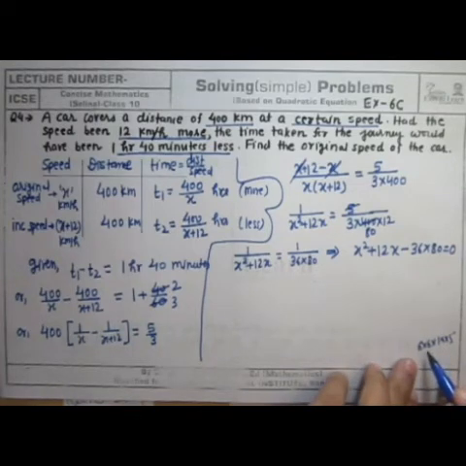So it can be written as 3 into 2 into 2 into 16 into 5.